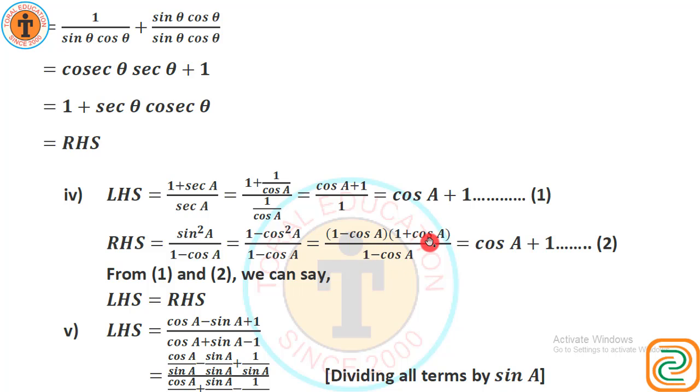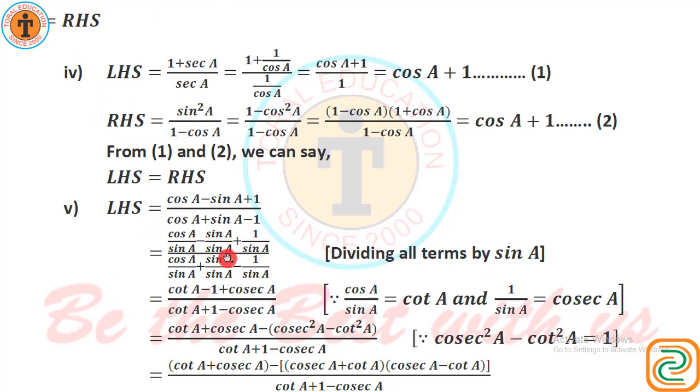What is here? 1 plus cos A. Similarly, cos A plus 1. This is result number 1 and 2. From 1 and 2, we can say LHS equals RHS. Left hand side equals right hand side. This is LHS, RHS. Number 5.